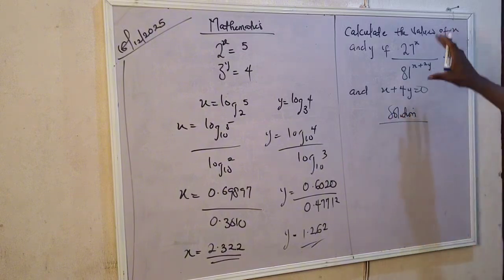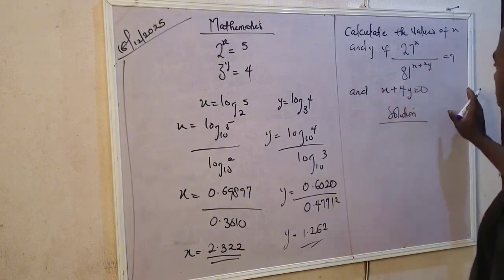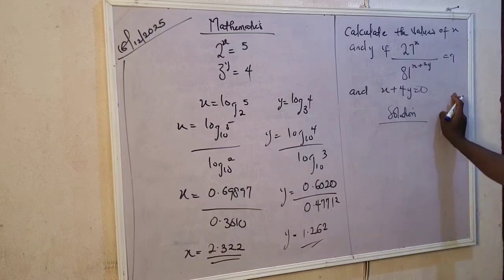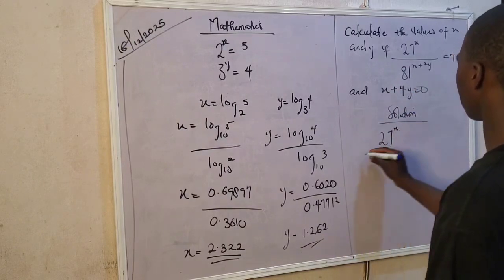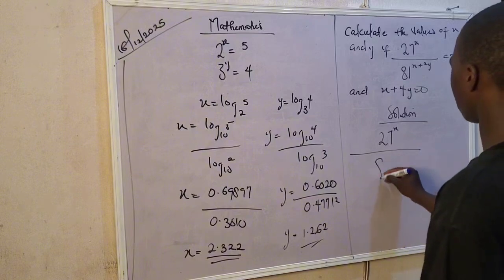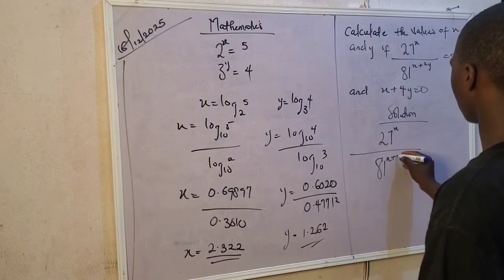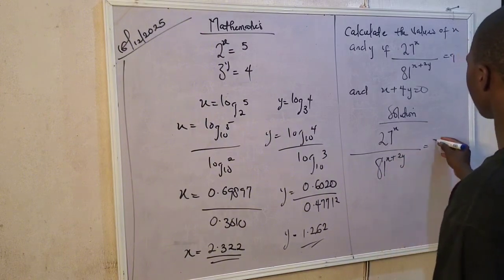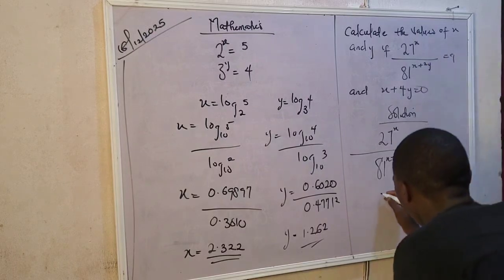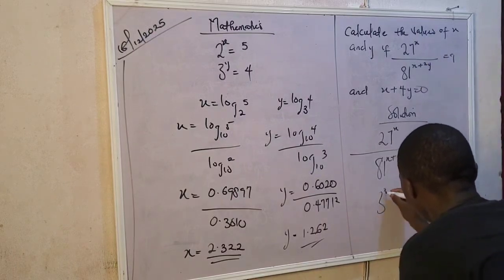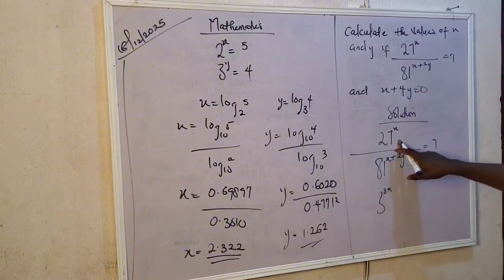So now let's break this down, because our equation 2 is already given, so there's nothing to simplify in equation 2. Equation 1 is 27 raised to the power of x over 81 raised to the power of x plus 2y equals 9. So 27 becomes 3 raised to the power of 3x, expressed in the power of 3.